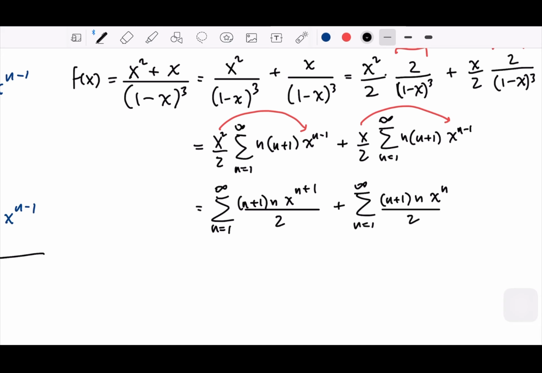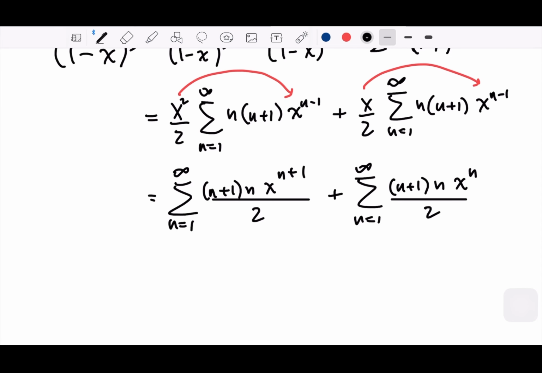Okay, now to combine both of these, if you look closely, then we will have this is n plus 1, this is n, right? Let me reduce the left part and it becomes x with power of n. So let's start with n equals 2.